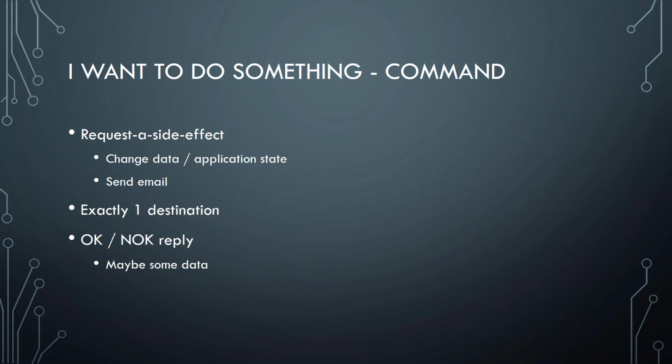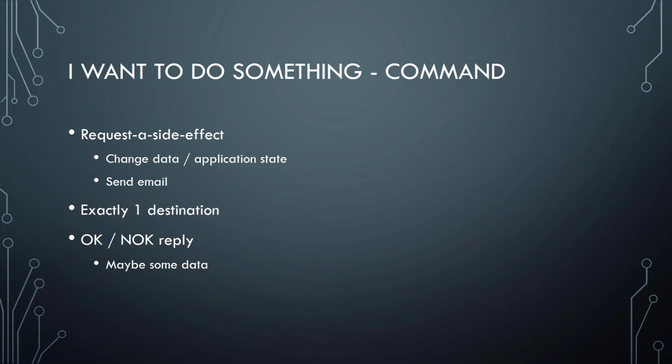In that case, the application in the end is the same as it was in the beginning, but at least the intent was there to change it. Another example could be you want the system to send an email. Commands in CQRS, or at least in how I've seen implementations so far, have exactly one destination.